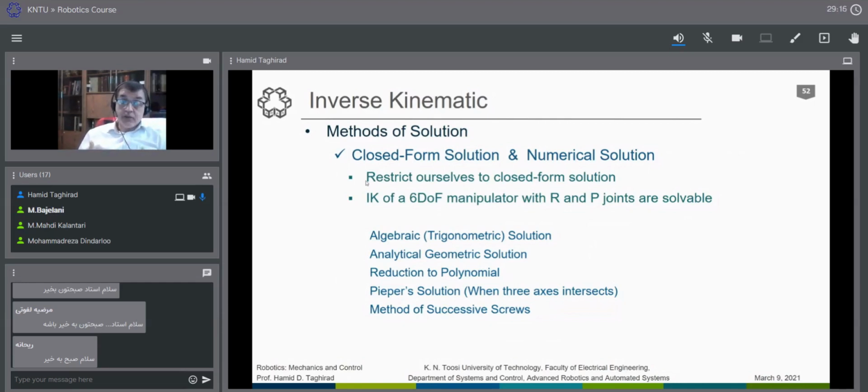First, it gives you the number of multiple solutions if you can find it, and second, it also represents the physical concept. You know, we can reach a point elbow up and elbow down. And this is somehow interesting in terms of programming of a robot.